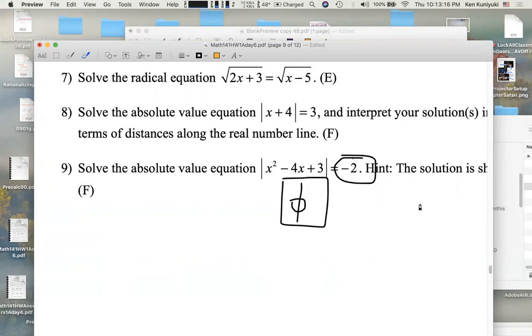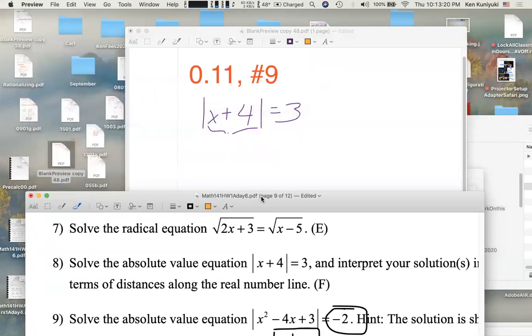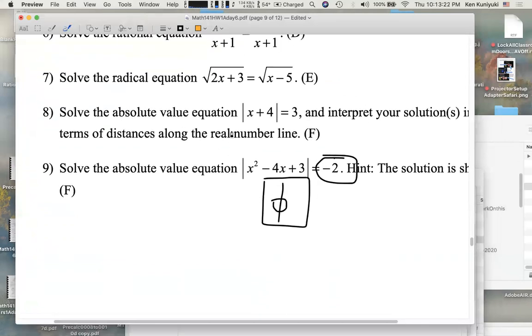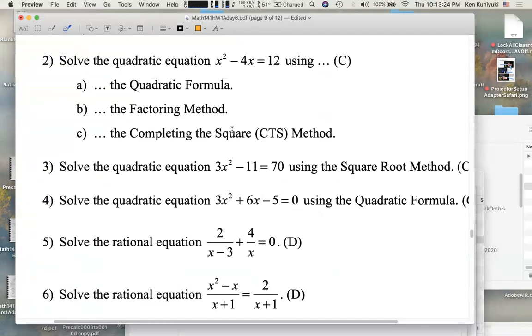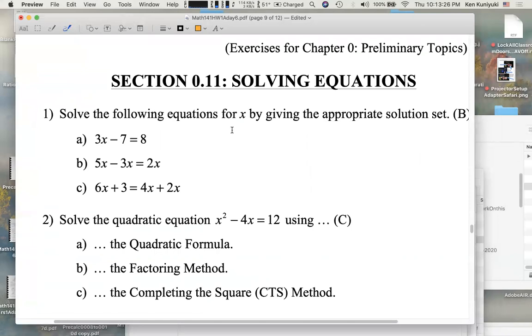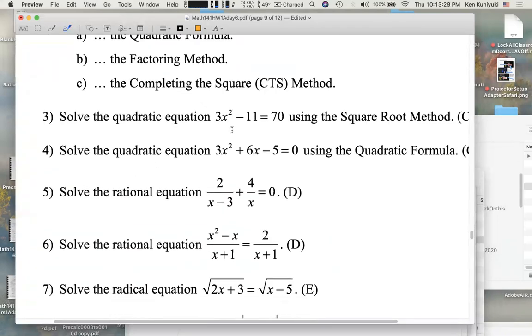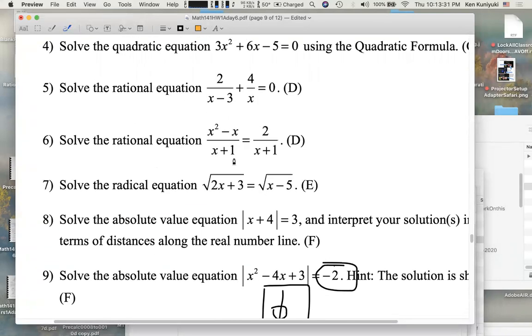All right, anything else? So can you do one of the 0.11s, 5 or 6? Let's do 6. I'll do the harder one.